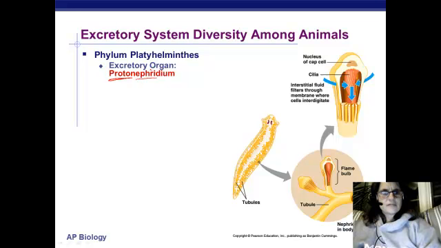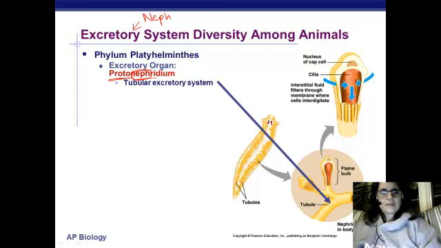Now this root right here, neph, if you can remember that neph is always associated with excretory organs. Okay, we're going to see those letters pop up again and again as we talk, especially critical in the human system. All right, a protonephridium is basically, as this says, a tubular excretory system.